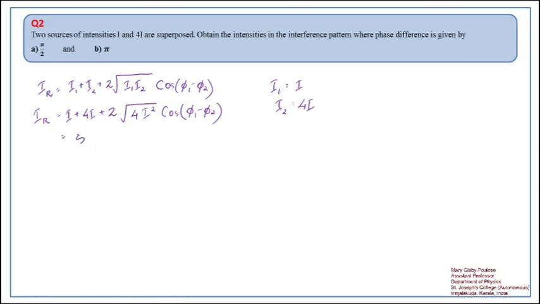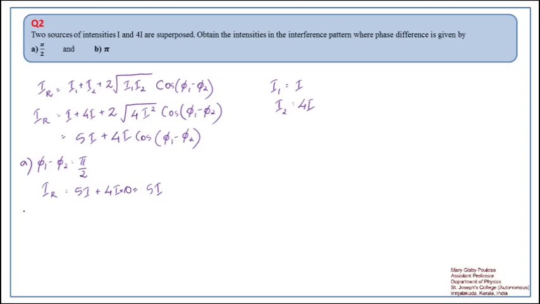That is equal to 5I plus 4I cos of phi 1 minus phi 2. Now in the first case, when the phase difference phi 1 minus phi 2 is pi by 2, we have IR is equal to 5I plus 4I into cos pi by 2. Cos pi by 2 is 0. Hence, the resultant intensity is 5I.